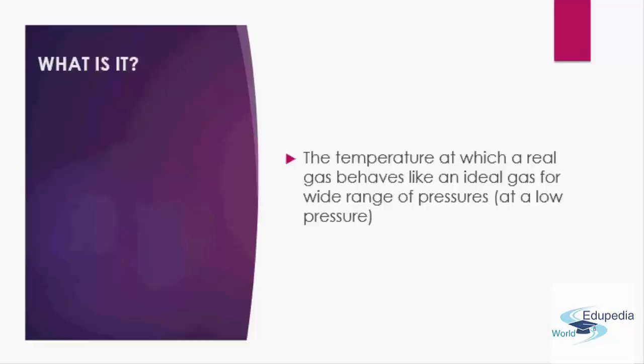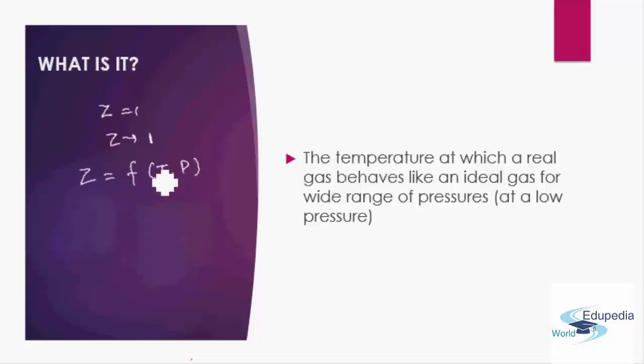So what happens is we have already seen that the Z value for real gases can be used to measure the deviation from ideal behavior, and if Z equals 1 or Z tends to 1, then we can say a real gas is behaving like an ideal gas. Then we saw that Z values are a function of temperature and pressure.